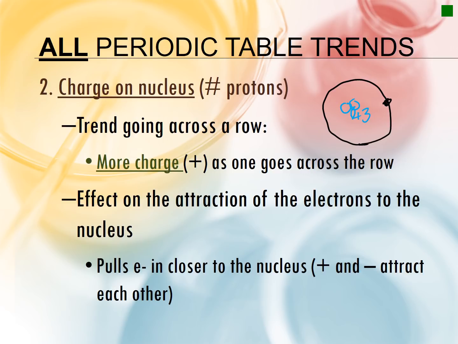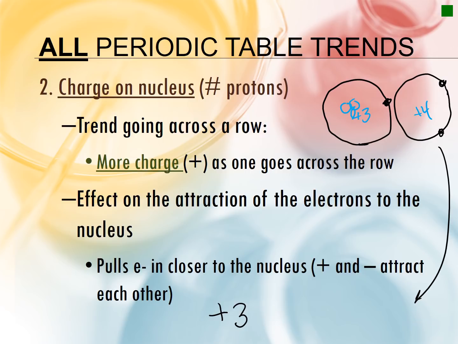Then I go over to my next one, and now I have a +4, and on my outside I have 2 valence electrons. As you go further and further, your charge goes from a +3 to a +4. This is called your effective nuclear charge, +5, +6, and so on. So your nuclear charge is increasing. Why? Because you're increasing the number of protons.